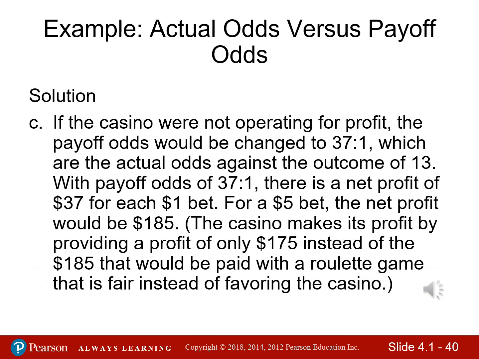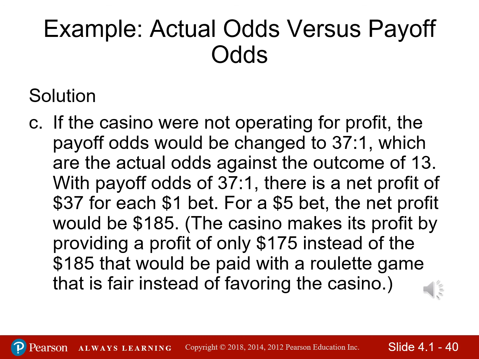How much money would you win if the casino was not operating for a profit and the payout odds were changed to match the actual odds? If the casino were not operating for a profit, the payoff odds would be changed to 37 to 1, which is the actual odds of hitting a 13 on the roulette wheel. With payoff odds of 37 to 1, there would be a net profit of $37 for each dollar bet.